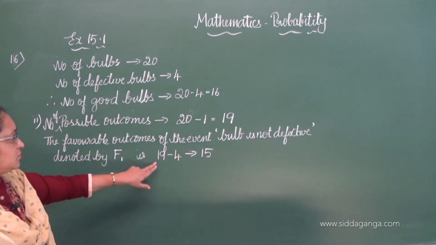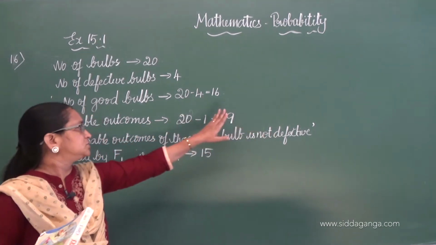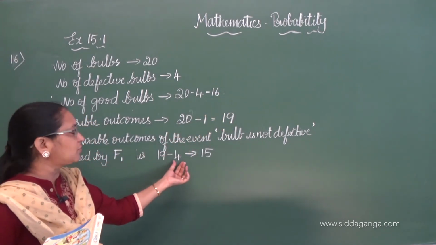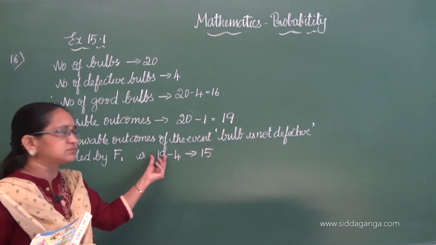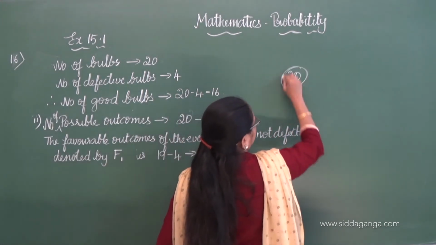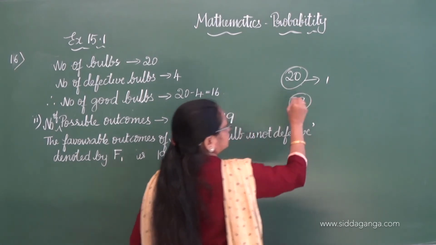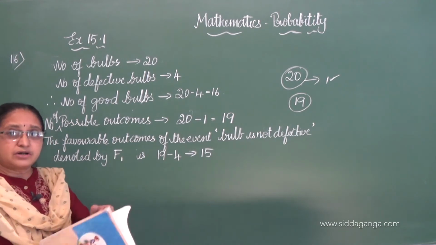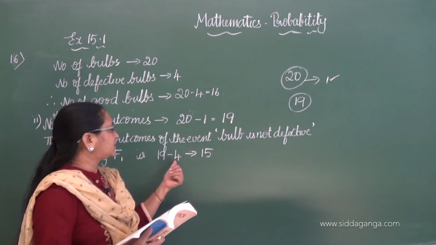When you remove that bulb and keep it aside, the number of possible outcomes is 19, and in that, 4 are defective. Out of 20 we removed 1, which was a good one, so 19 remain, of which 4 are defective.